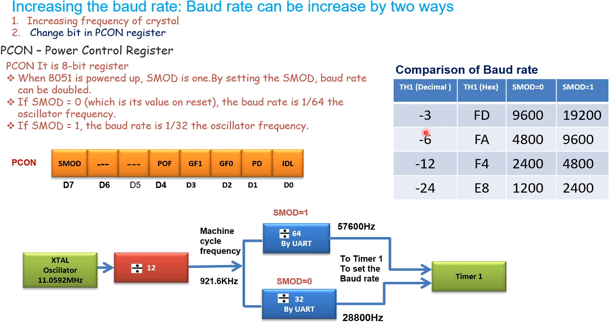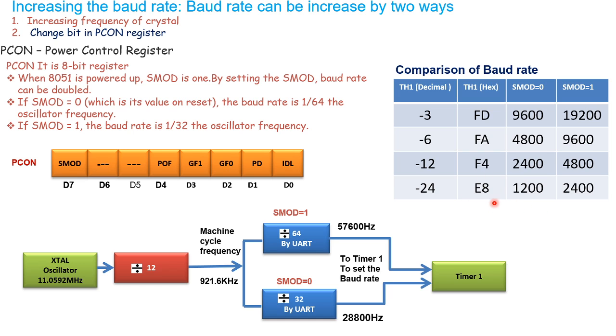This -12 is loaded in TH, which decides the baud rate 2400. This is the hexadecimal value, which is F4H. When SMOD is equal to 0 it is this baud rate, and when it is 1, it doubles to 4800. If -24 is the value loaded in TH, then the baud rate is 1200.